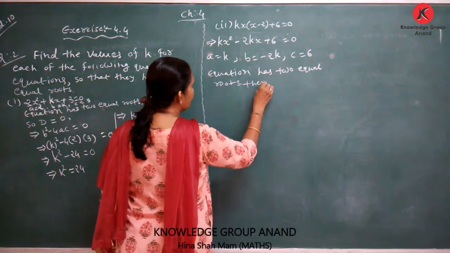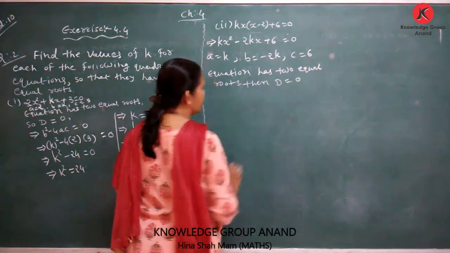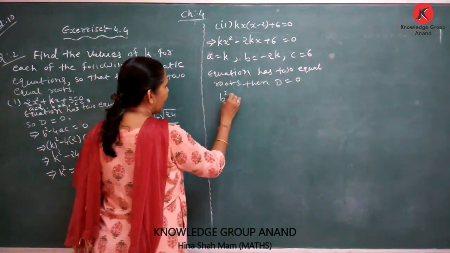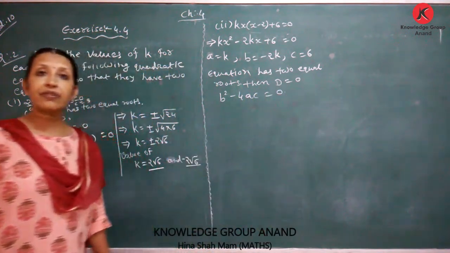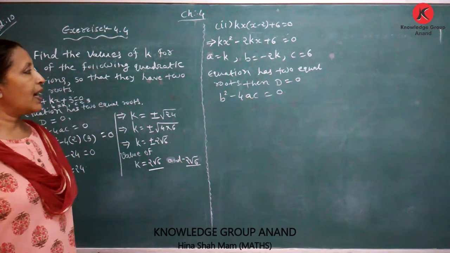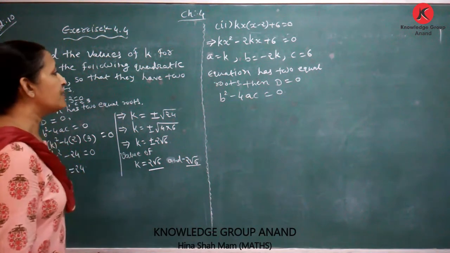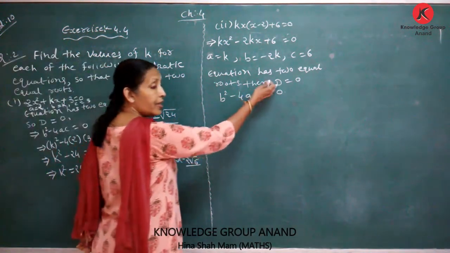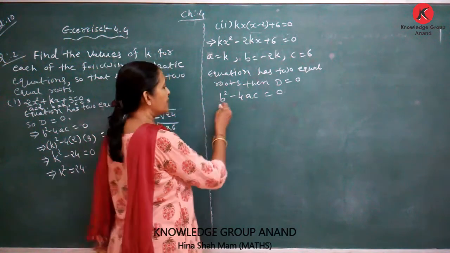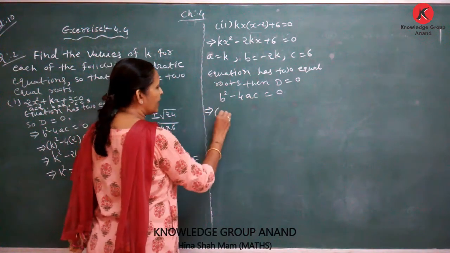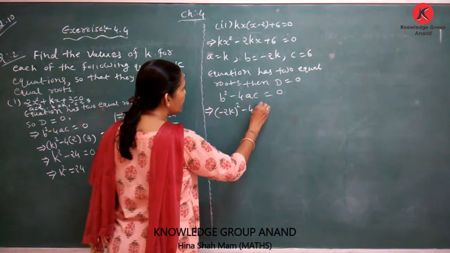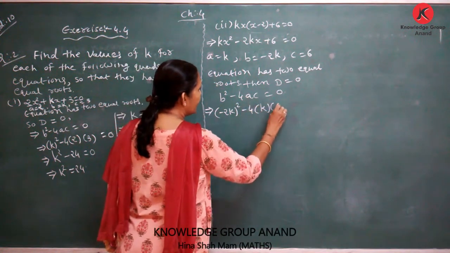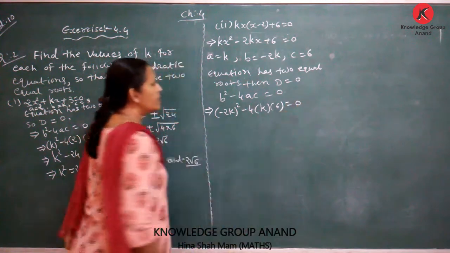Then D is equal to 0. b square minus 4ac is equal to 0. Discriminant is equal to 0. Therefore, b square minus 4ac is equal to 0. What is the value of D? D is equal to b square minus 4ac. Minus 2k whole square minus 4 into k into 6 is equal to 0.